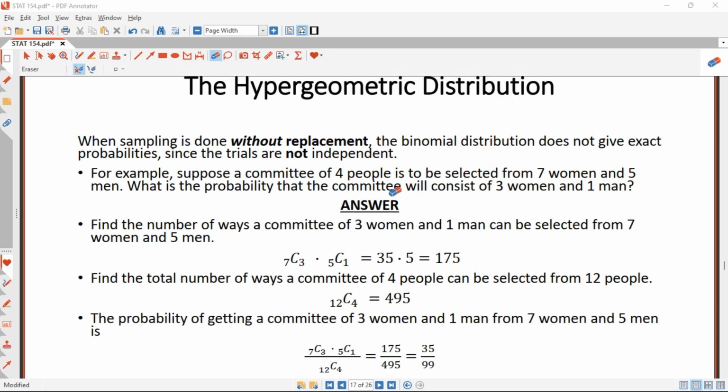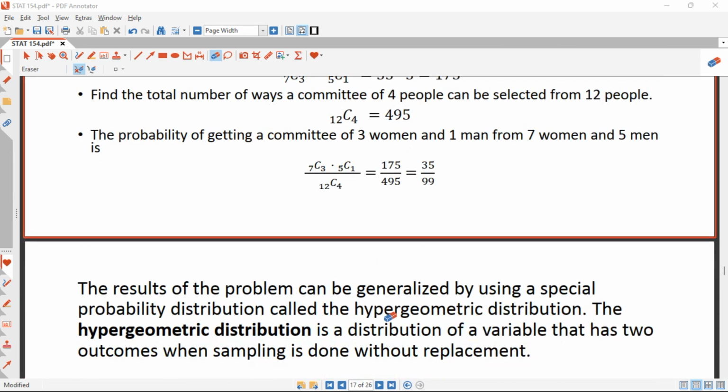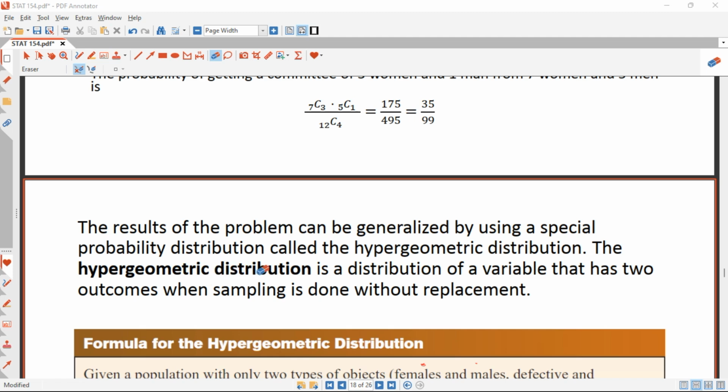The examples that you see here are just giving us a building stone for us to really appreciate the hypergeometric distribution, right? So the result of the problem can be generalized by using a special probability distribution called hypergeometric distribution. The hypergeometric distribution is a distribution of variables that has two outcomes when the sample is done without replacement, right?